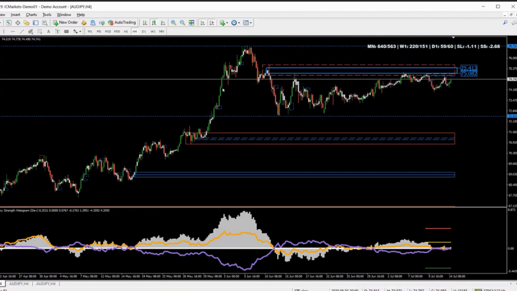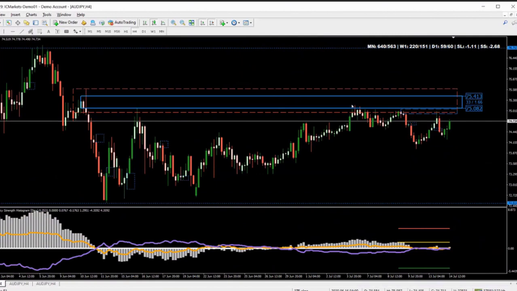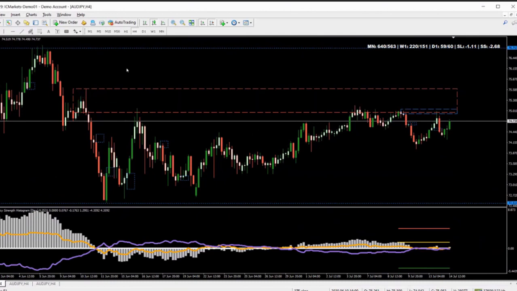We can remove this. Then you ask yourself the question, what area of supply removed the demand? Well, it's this one just here. Okay, and price tested it once, tested it a little bit deeper twice, and now we're starting to form these lower highs. So when you have an area like this that is formed, each test, I'll remove this rectangle now, each test defines where the beginning of the sell zone is located.